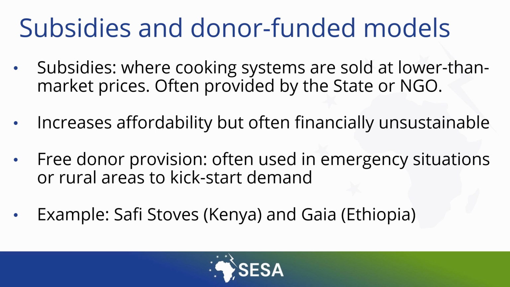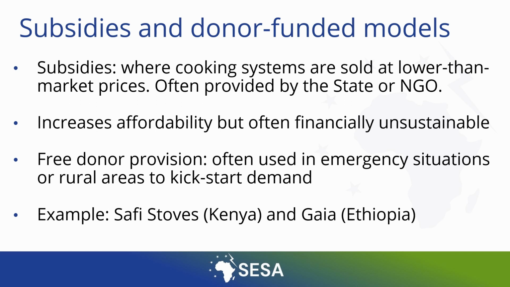Now, the third main model that we'll discuss here is, you could say, public-private partnerships, a mix of subsidies and donor-funded models. And this is basically where a state agency or an NGO partners with a private company to provide clean cooking solutions at lower than market prices or for free.